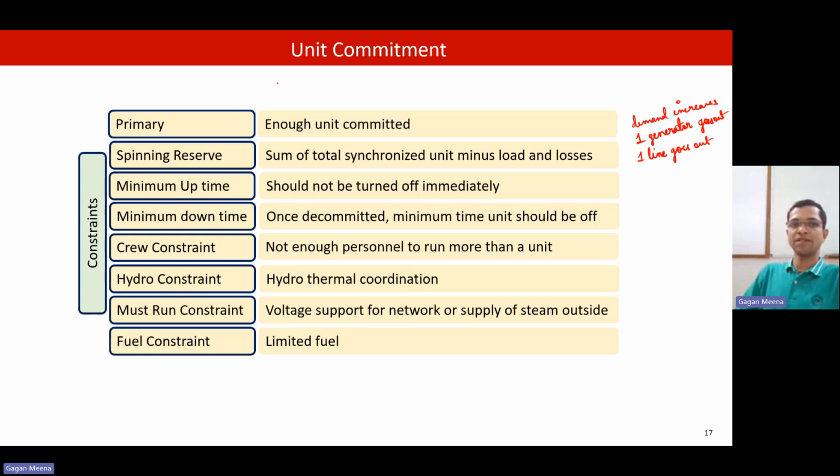The minimum uptime says that if a unit is on at time T1, and its minimum uptime is, say, 3 hours, then it has to remain on for at least 3 hours, from T1 to T2, T2 to T3 and T3 to T4.